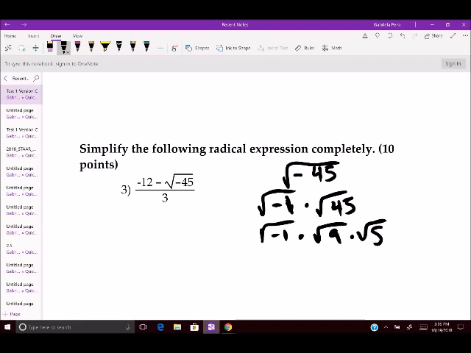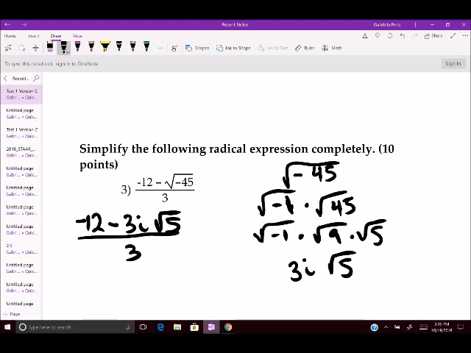So the square root of 9 is 3. The square root of a negative 1, like we've learned, is i. And the square root of 5 stays because we can't do anything there. So this becomes negative 12 minus 3i square root of 5 over 3.